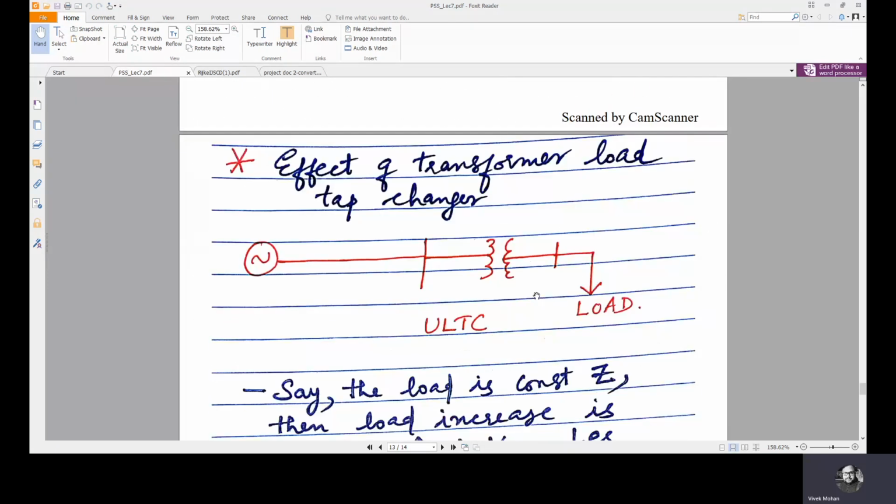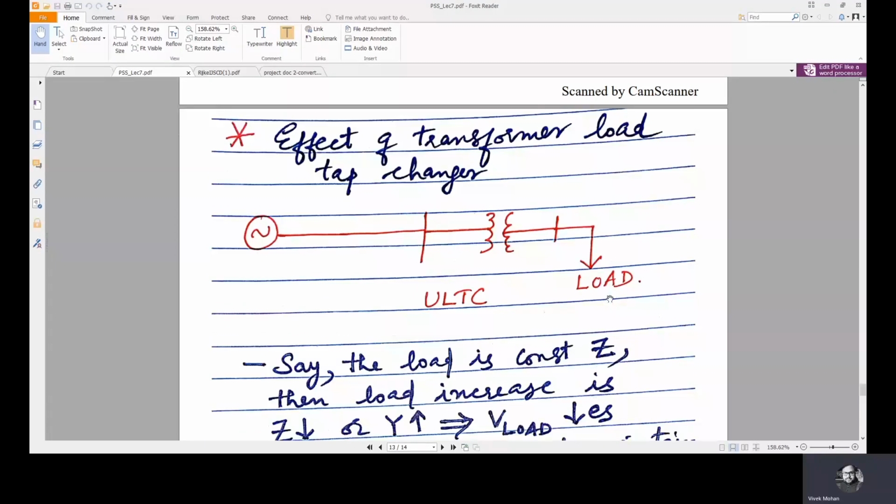Now, the effect of transformer load tap changes on voltage stability. We have a source, an underload tap changer ULTC, and a load bus connected to the load. Say the load is constant impedance.